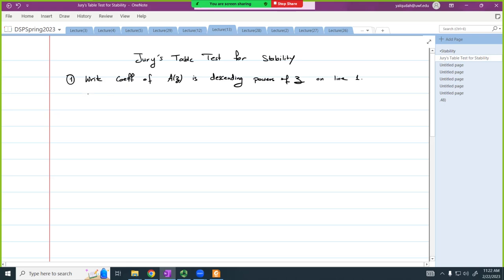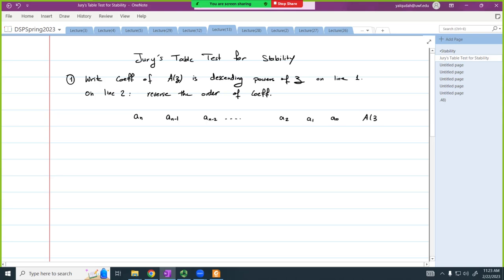Now on line 2, we're going to reverse the order of the coefficients. So therefore, we're going to have something that looks like this: a_n, a_{n-1}, a_{n-2}, all the way to a_2, a_1, a_0.